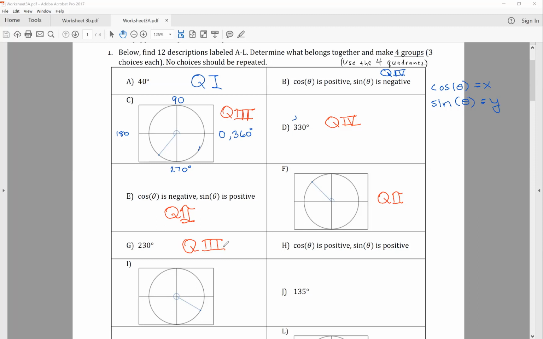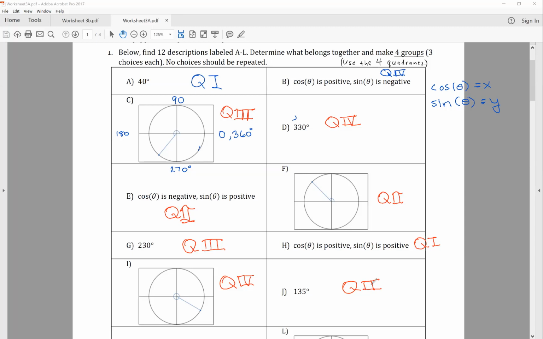Sine is positive. Everything positive is in quadrant 1. I is just a drawing, and hopefully everybody knows that's quadrant 4. And 135 degrees. Again, I'm going to look up at C. It's between 90 and 180, which means it is in quadrant 2.